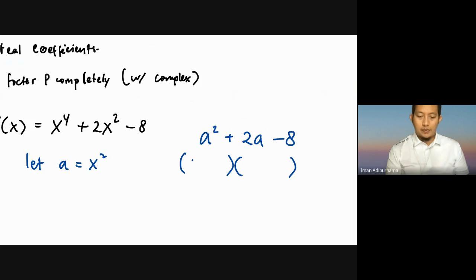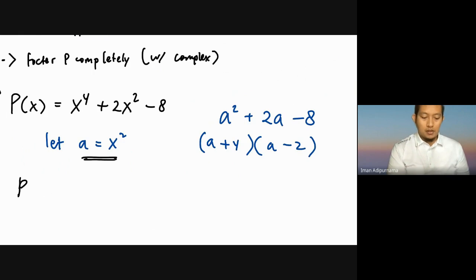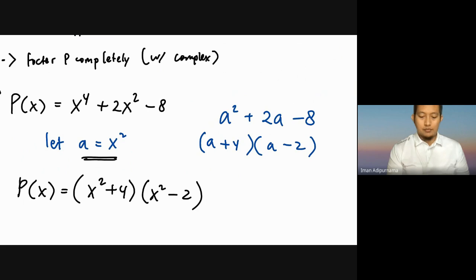So I will have a plus 4 and a minus 2, right? And a can be -4, a can be 2. But let's say we stop at these factors. Let's turn back to the x squared. So p of x will be x squared plus 4 and x squared minus 2.